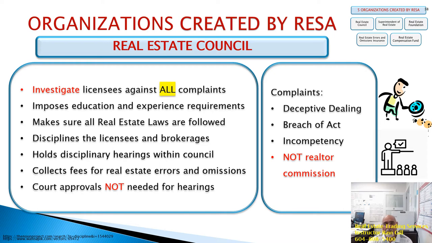For your exam, remember they can investigate before, during, or after licensing. They can impose education, cancel licenses, and reprimand. They don't need any court approvals to come in and check any documents.